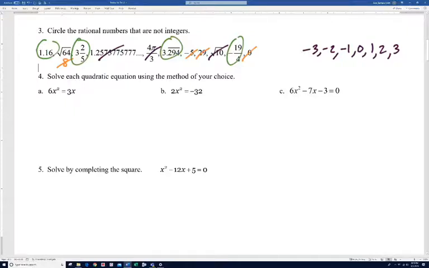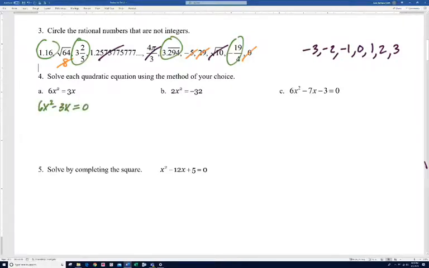All right, on number 4, we're going to solve each of these quadratic equations using the method of our choice. Now remember, you always want to try to factor first. Factoring is our method of choice if we can use it. Now, the first one there looks like we might be able to factor out a GCF, but first we're going to have to get 0 on one side.